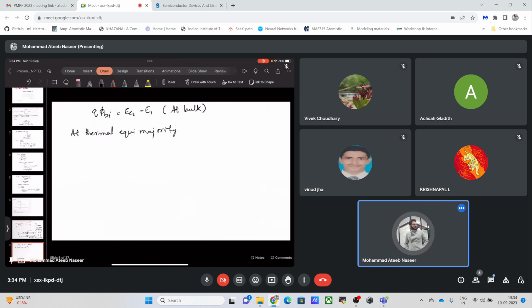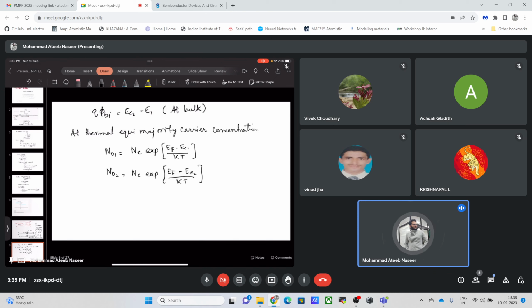Let us consider the first material: the majority carrier concentration is simply ND1 equal to NC exponential of EF minus EC1 by KT. Similarly, for the second material, it will be ND2 equal to NC exponential of EF minus EC2 by KT.